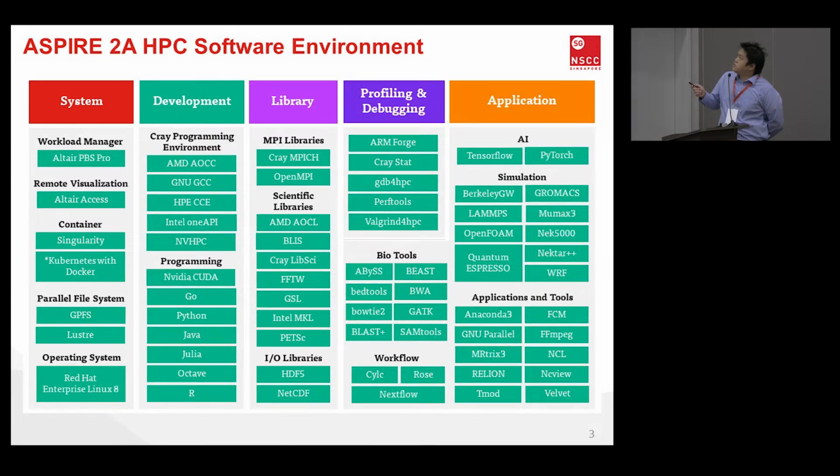And we also built some applications and tools. I think FFmpeg is one of the video generators for LAMMPS, which can be used in the output. And of course, others which you can explore yourself.